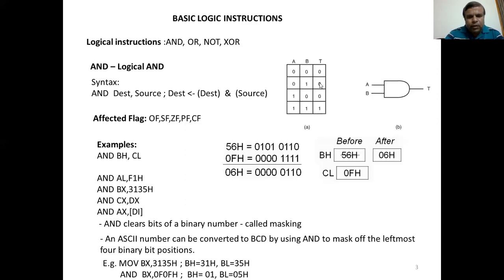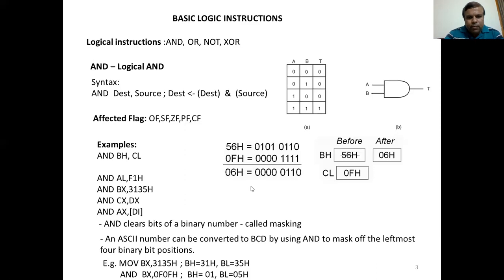See here, according to truth table, 0 AND 1 is 0, 1 AND 1 is 1, 0 AND 1 is 0, 1 AND 0 is 0, 0 AND 0 is 0, 1 AND 0 is 0, 0 AND 0 is 0.